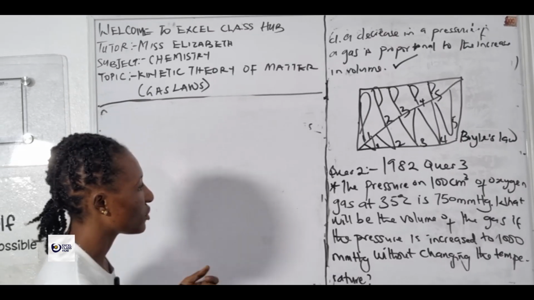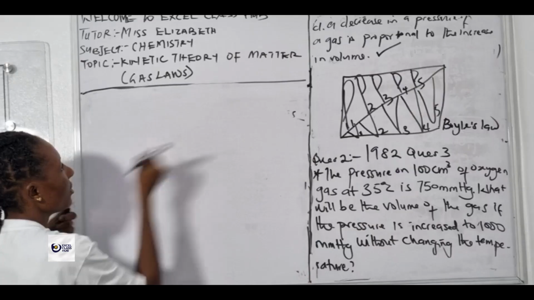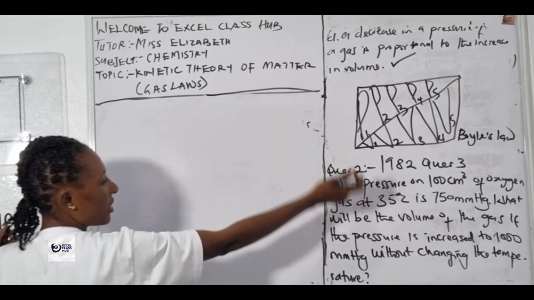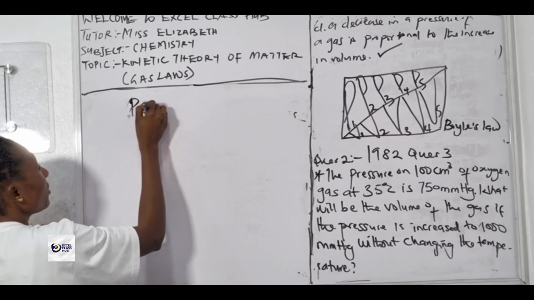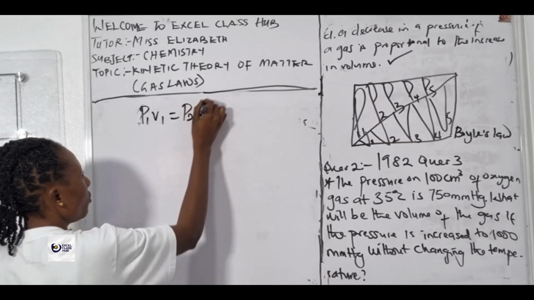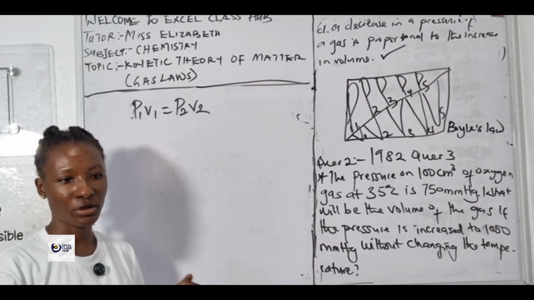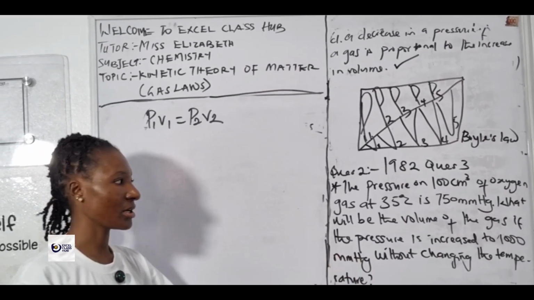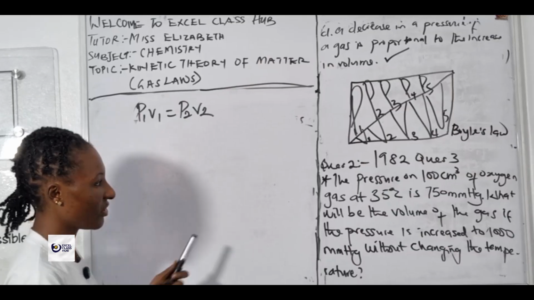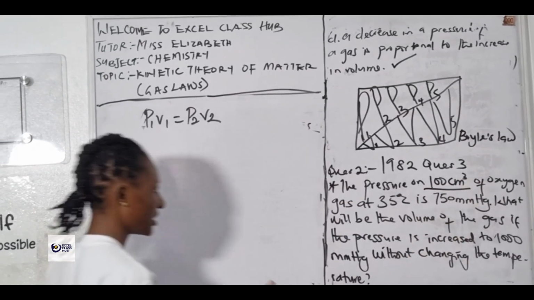So the next step is to write out our variables. Since we know the question is talking about Boyle's law, we write out our formula, which is P1 V1 equals P2 V2. But in the case where you can't deduce the formula or the law from the question, the next thing you do is to write out the variables. We have 100 centimeter cube, which is the volume.